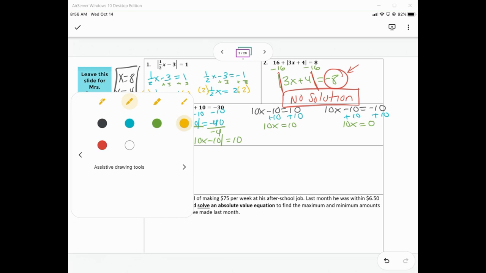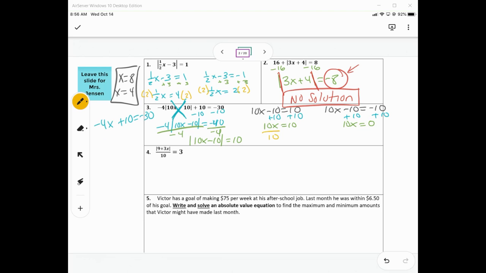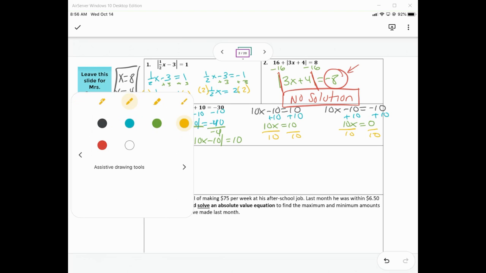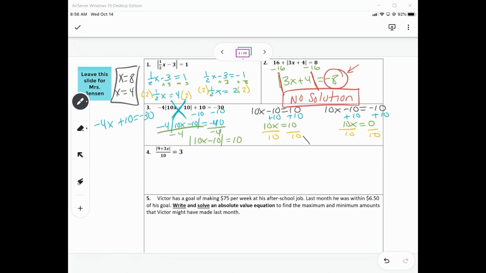And the last step, we have 10 times x, so we divide by 10. So our 2 solutions are, oops, sorry, that's 20. Our 2 solutions are 2 and 0.